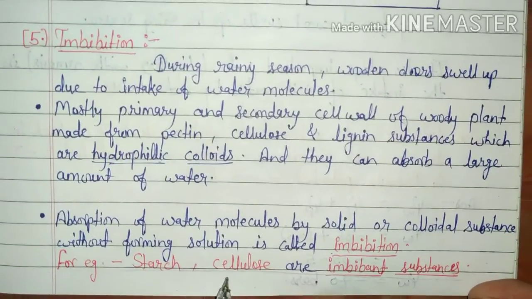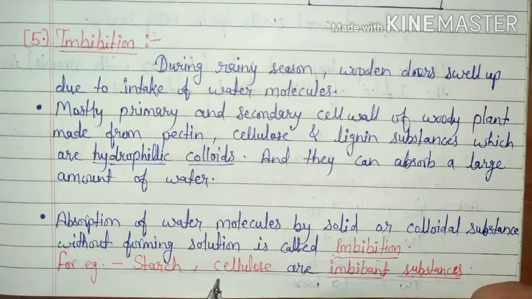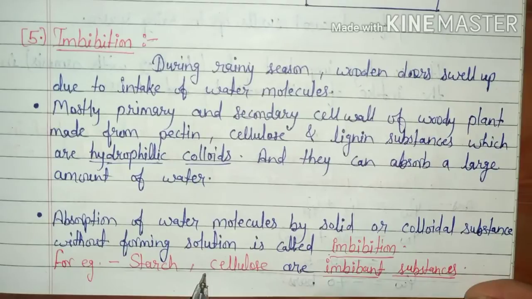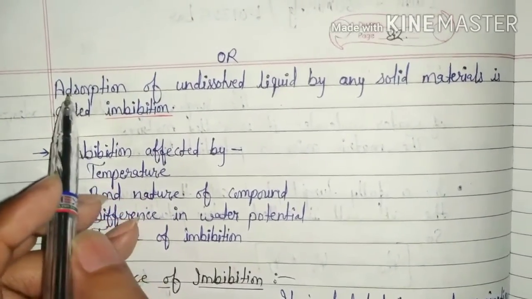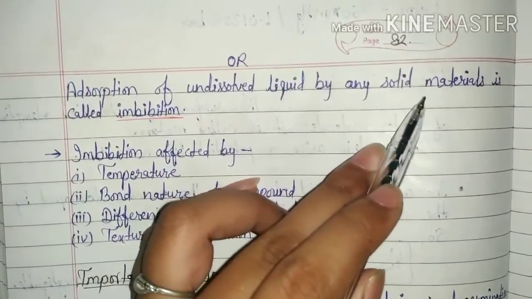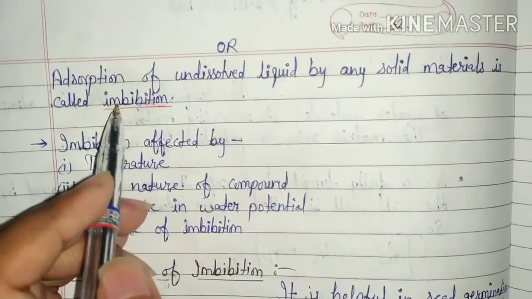Due to this, wooden doors swell up because the cell walls of plants are made up of cellulose, pectin, lignin substances. In other words, adsorption of undissolved liquid by any solid material is called imbibition.